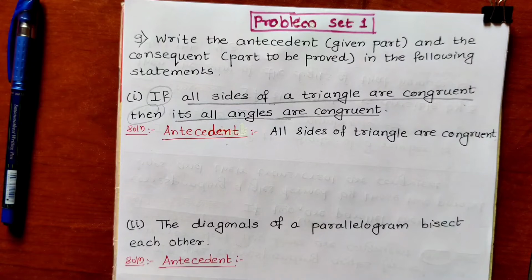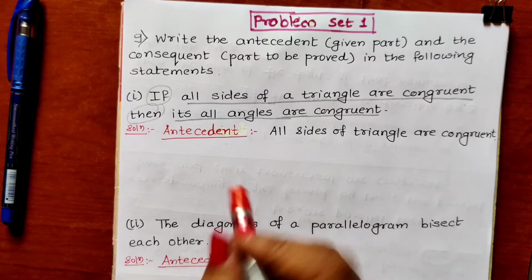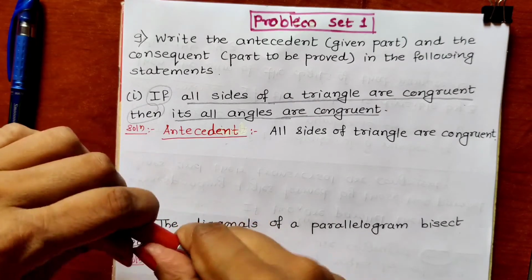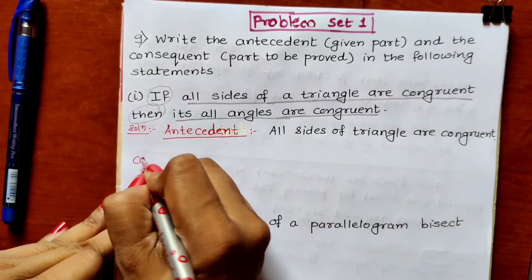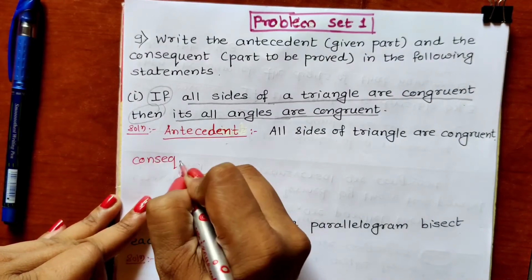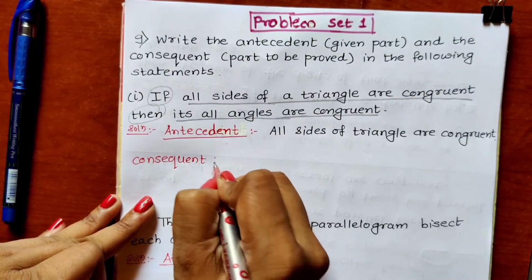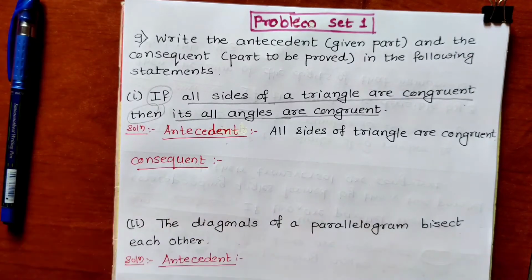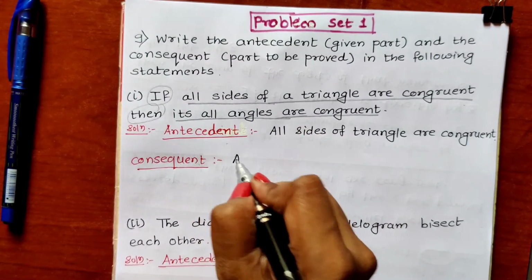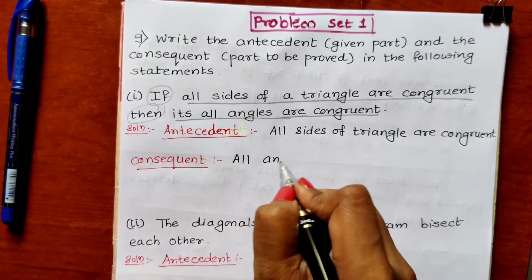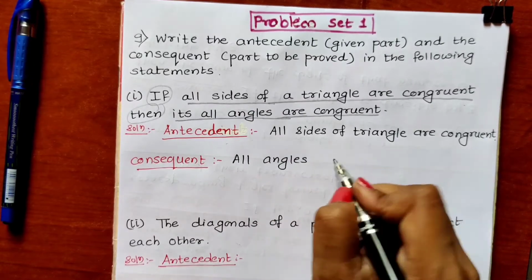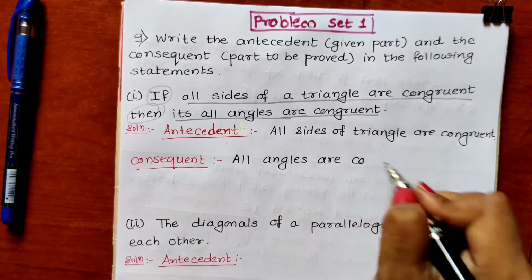And in consequent, what should be written? The statement which follows the word then. Very easy this one. Consequent: all angles are congruent.